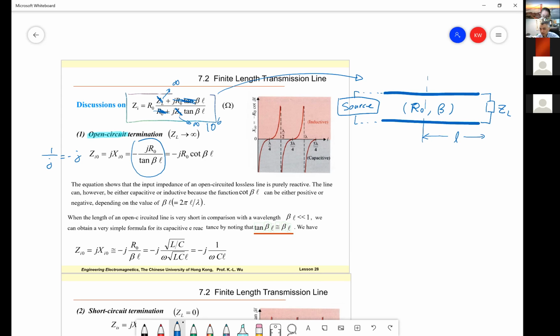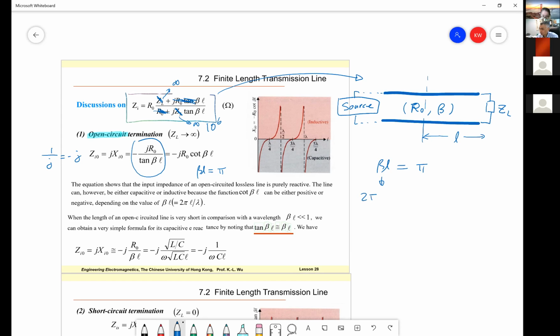it behaves like this when beta L equals pi. So what that means is beta L equals pi.